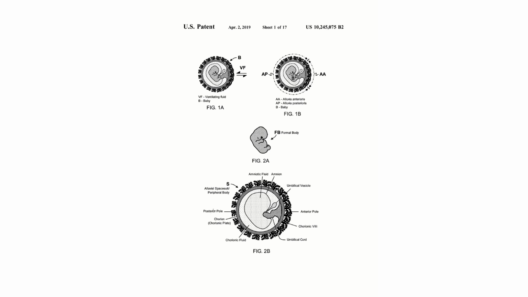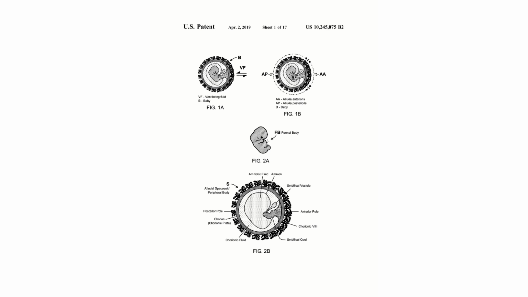It can do the posterior pole as well, but the anterior pole, also called the umbilical pole, is where the umbilical cord is. That's where the chorionic villi feed directly into the umbilical cord to nurse the baby.